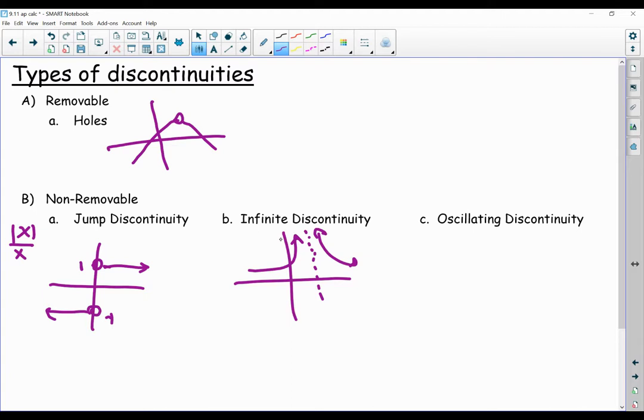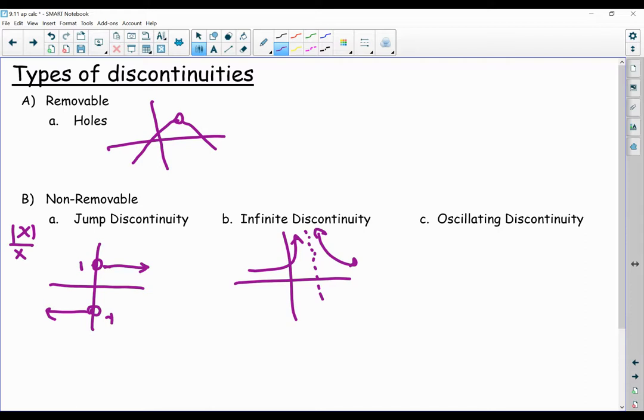So an infinite discontinuity, we also call it a vertical asymptote, is a place where the function is discontinuous. Now, if you don't remember the words infinite discontinuity, just tell me there's a vertical asymptote, and I'll totally accept that. It's just that the book and the AP exam might use the language of infinite discontinuity, so I want you to be familiar with it.